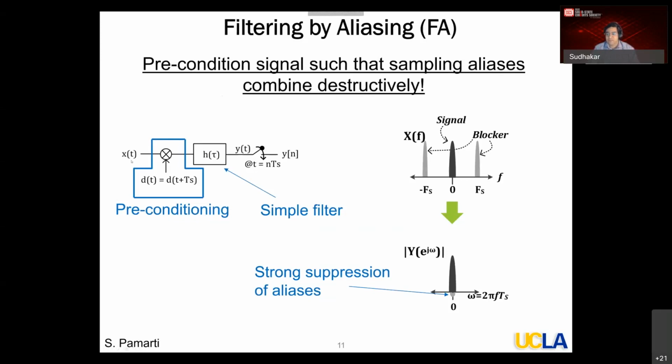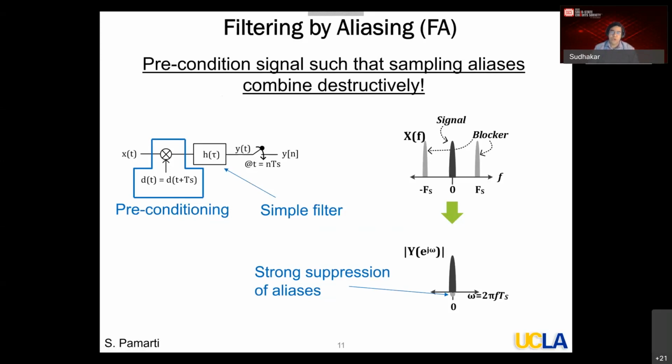Maybe for illustration's sake, let us say it's a DC signal, close to DC at 0, and there are interferers, let us say at fs and minus fs and so on. If there were no blockers, it would be sufficient to sample the signal at fs. But because there are blockers, if I sample at fs, then these blockers are going to fall right on top of my signal, and that's going to cause corruption.